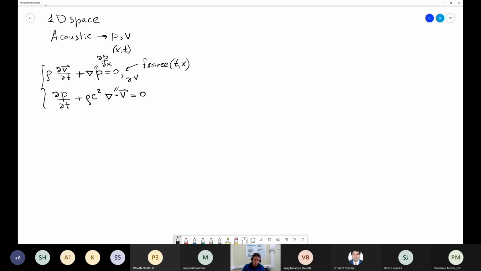and in our case, this is dv over dx, and v is a single scalar.